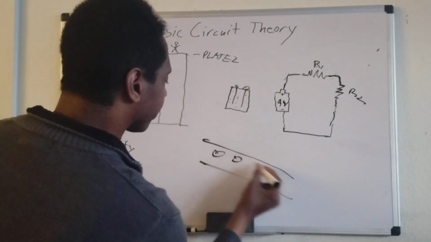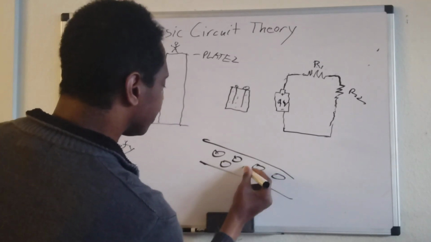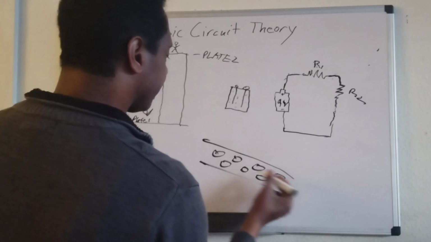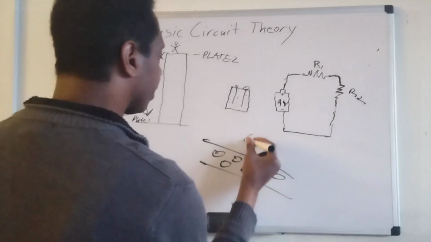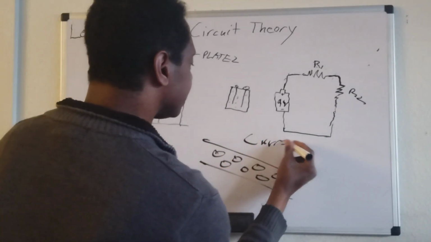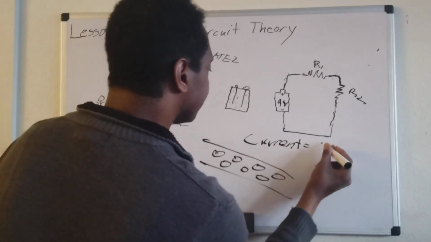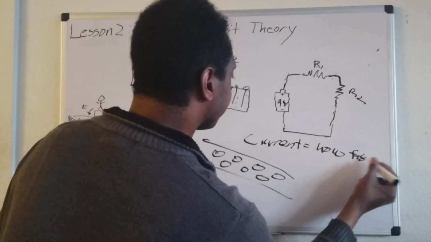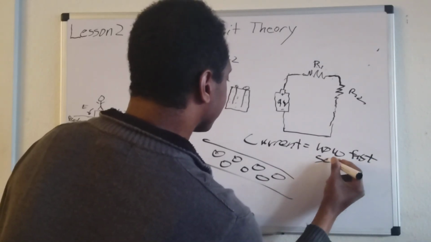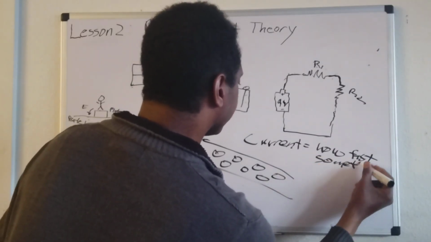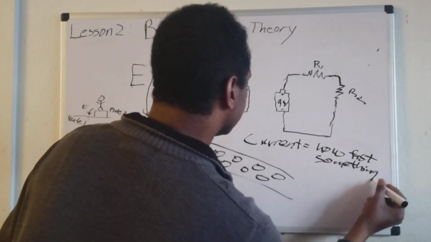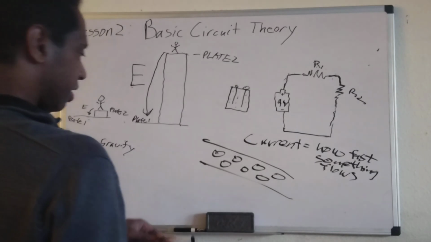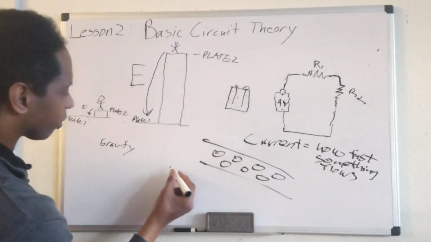The resistors, first of all, let's go over this. Say there is water with a current flow of water. How fast the water flows is called current. Current is how fast something flows. Like a river, it's how fast water flows.